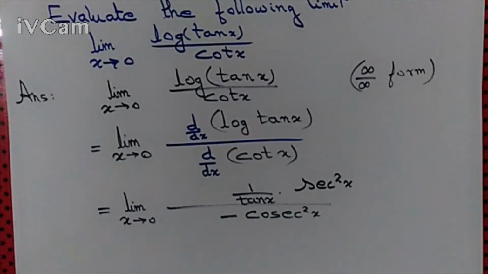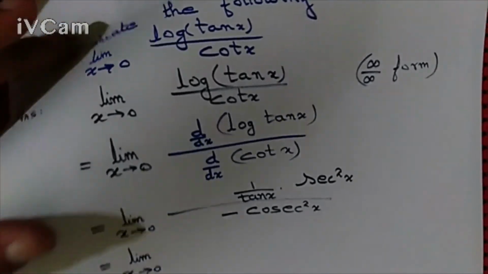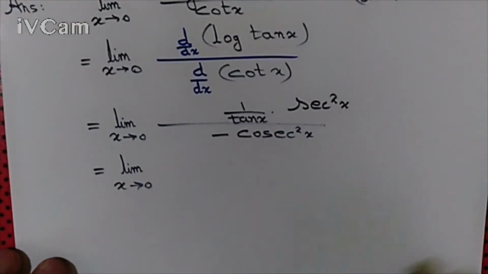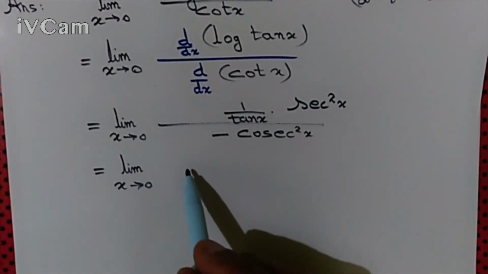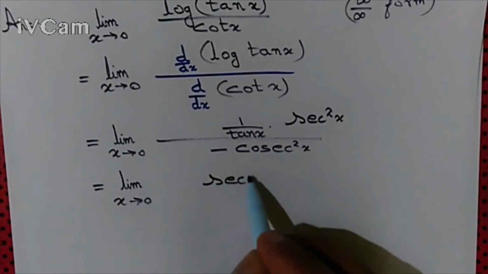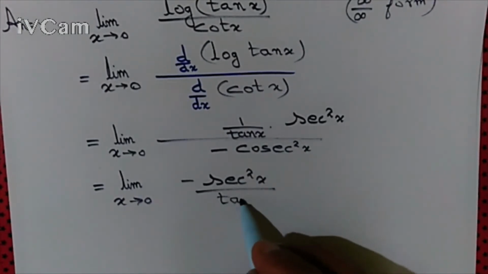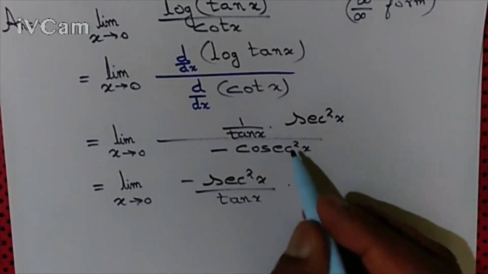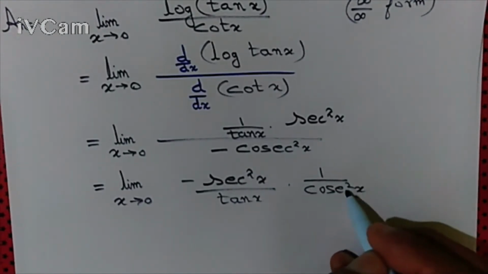Let's simplify it. We can write this expression as sec square x divided by tan x into 1 by cosec square x.